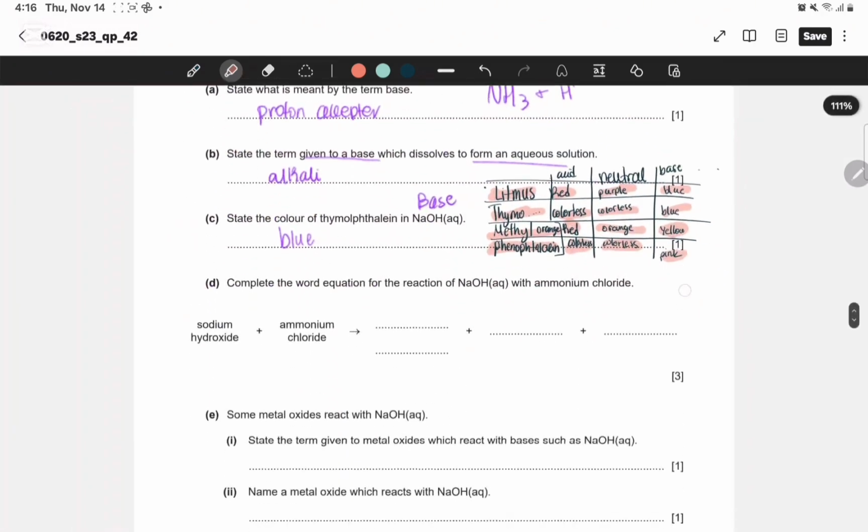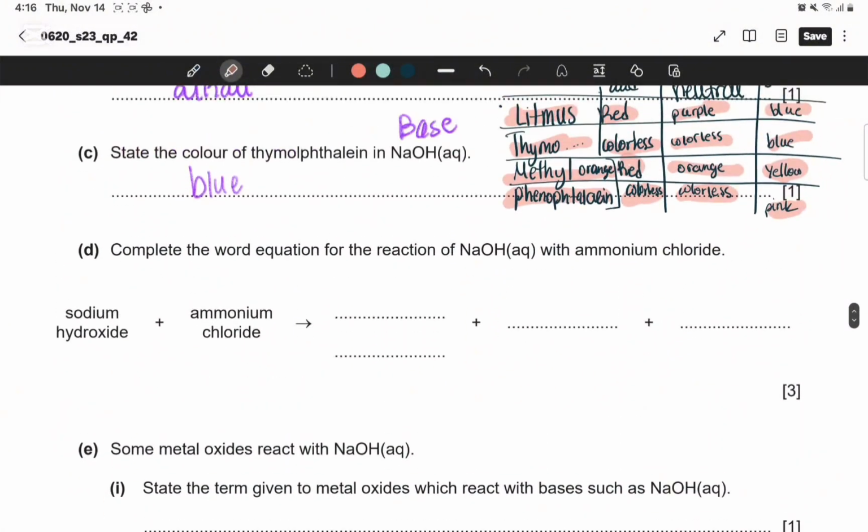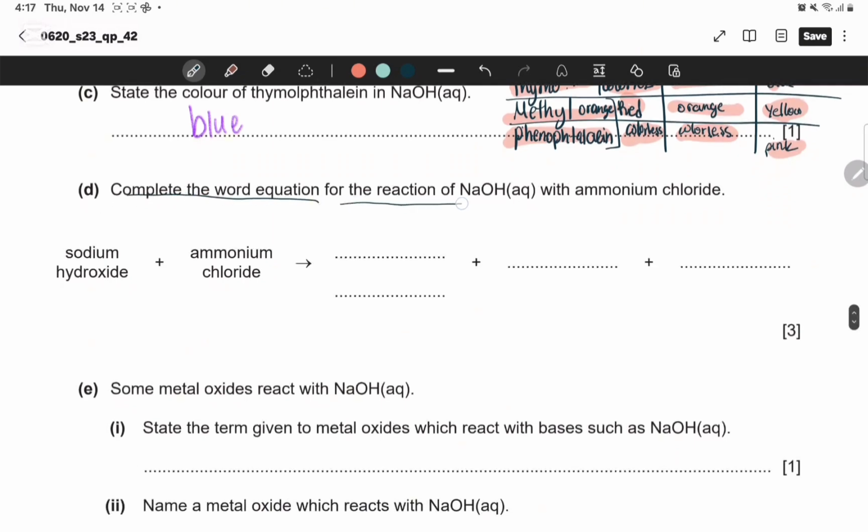Okay, so let's solve this. Complete the word equation of the reaction of NaOH with ammonium chloride, so NH4Cl. So NaOH plus NH4Cl.